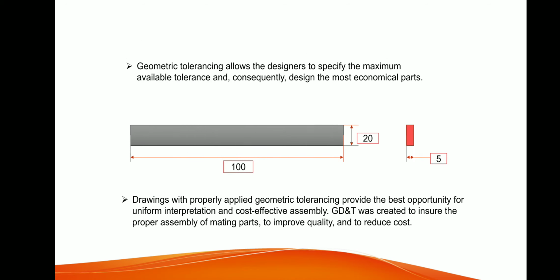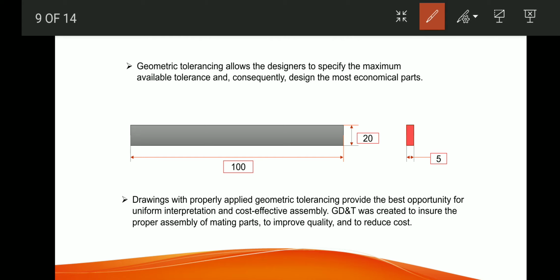But what if this exact 100 mm is not actually required? Then up to what extent is a tolerance allowed? Up to what extent can this 100 mm dimension change? That should be decided by the design engineer upon the functionality of this part.